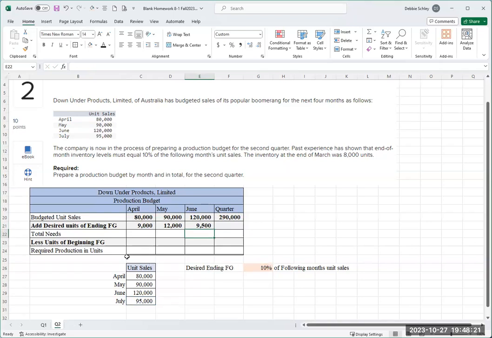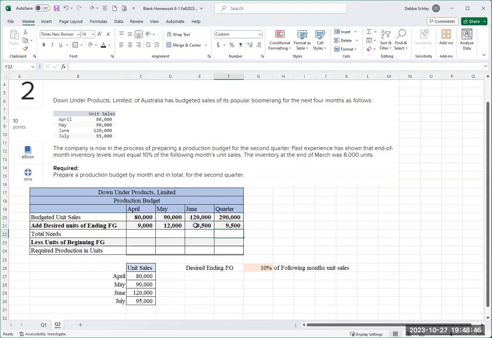Okay. Now, in the quarter line, this is our quarter end column. The ending finished goods is not the addition of all of these numbers. The ending finished goods is going to equal the ending finished goods of the last month in the quarter.